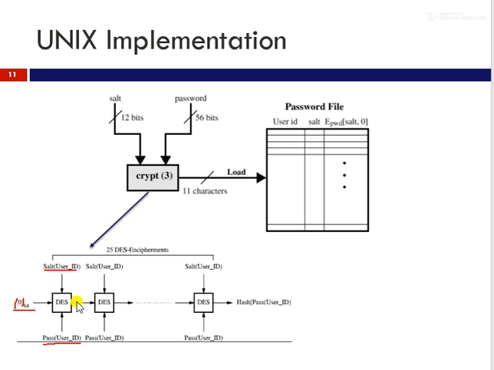Then the output is input to a second DES with the same salt and password, so the key remains the same and the input block is the output of the previous DES encipherment, and so on. So DES is applied 25 times to make it a slow encipherment or slow hash algorithm. Whatever the output after applying this 25 times is considered as the hash of the password, and that will be stored in the password file as a hash code.